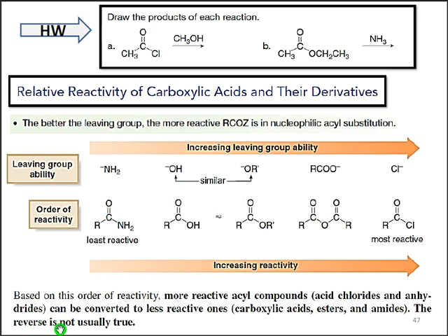And the reverse is not usually true. If you have an amide and you want to prepare the anhydride or the acid chloride, it usually cannot be prepared from a less reactive one to a more reactive one, maybe just by using a special catalyst and special conditions.